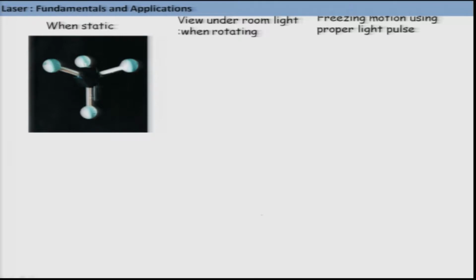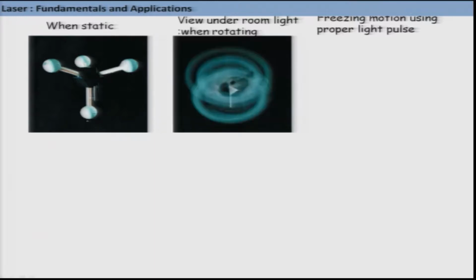Okay. So, this is the image of the stationary model, and when you allow it to rotate, it appears like this. This is a real image of a rotating model. You can immediately figure out that this is totally fuzzy, right. You can't figure out whether there is a molecular model or there is something else.